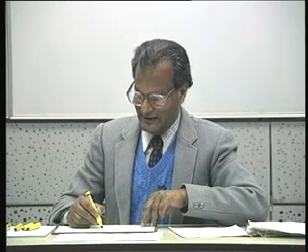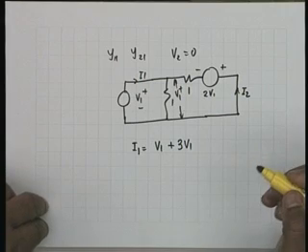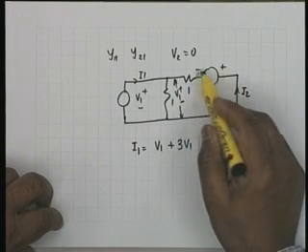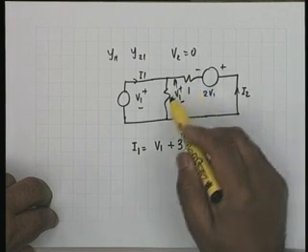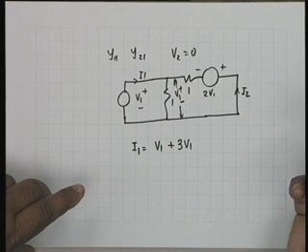Plus 3 V1, and therefore the current is 3 V1. You must not make a mistake. This is V1 minus plus and this is minus plus, and therefore the drop across this would be V1 minus 2 V1, which is equal to 3 V1.